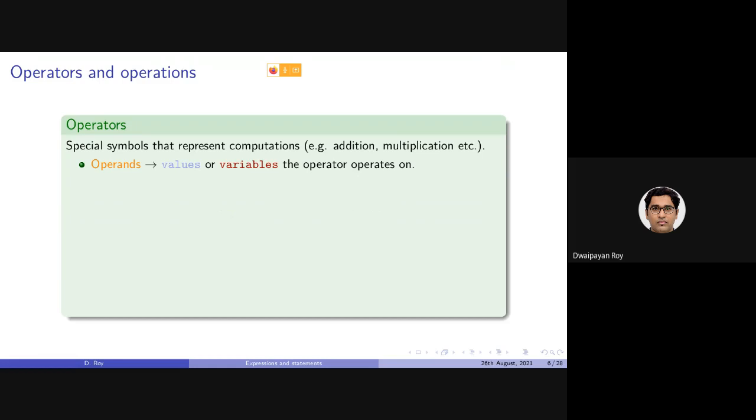Operators are special symbols that specify some particular computation, such as addition, subtraction, multiplication, division, etc. And you might realize that the operation an operator performs should have some operands as well.